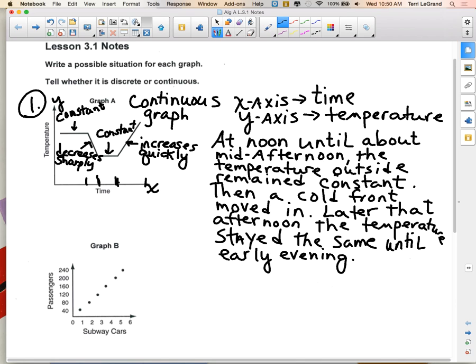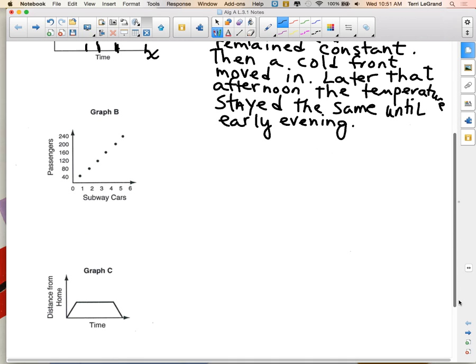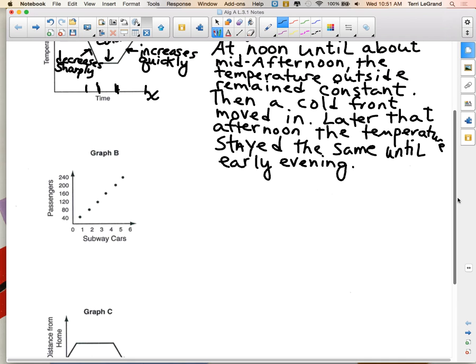Well, wait, you're not raising your hand. Okay, go ahead, Blake. Okay, humidity factor. So we can't just say humidity factor, we gotta describe that part of the graph. We gotta say something about it, so, the temperature started to increase quickly because of humidity.